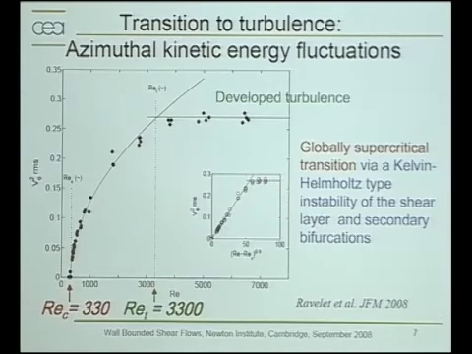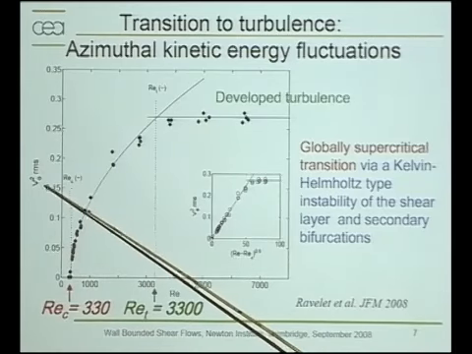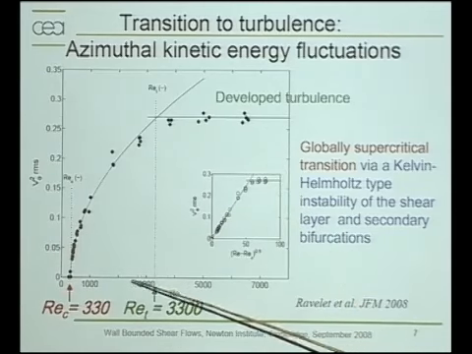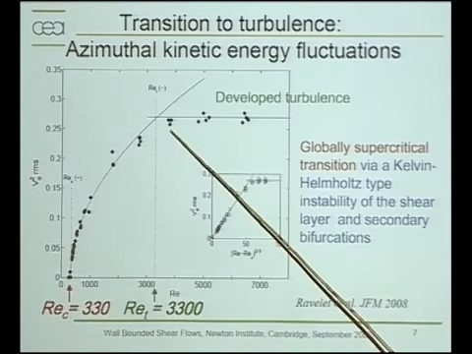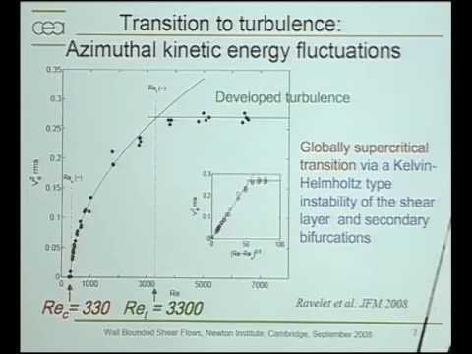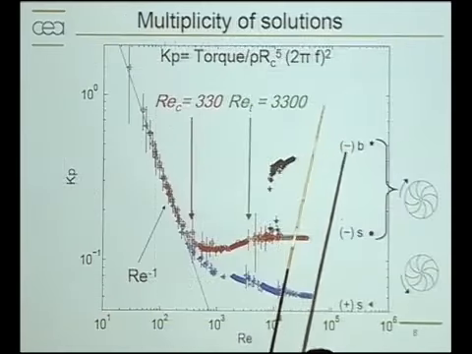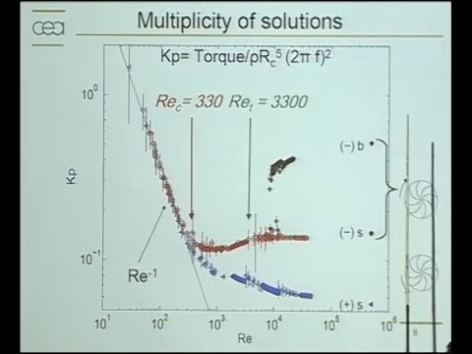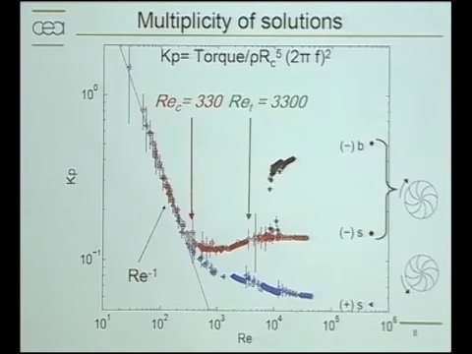You can even plot this as a function of the Reynolds number minus a critical Reynolds number to the power 1/2 and see that this is not so bad. So you have a kind of globally supercritical transition with this order parameter, I don't know why, which is going like this very, very nicely. And then you become turbulent, with fully developed turbulence.